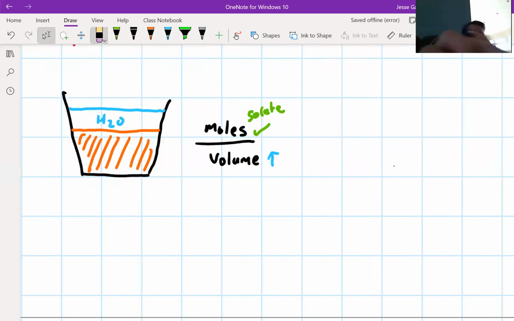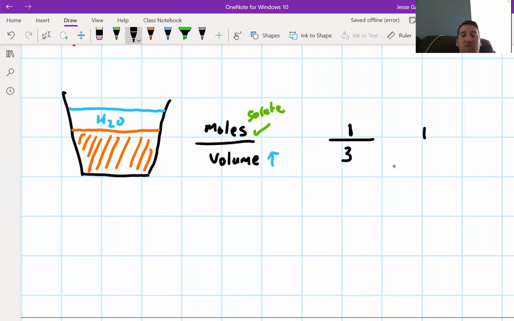Well, let's say, for example, in the first case, we have 1 mole of solute. Let's let our moles on top be 1. And our volume, we won't define it as any unit, but we'll just say it's 3 at the moment. Add more water to it. What have we done? Well, we still have 1 mole because we haven't added any extra moles of solute.